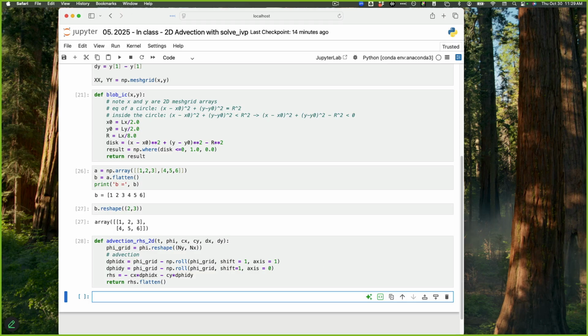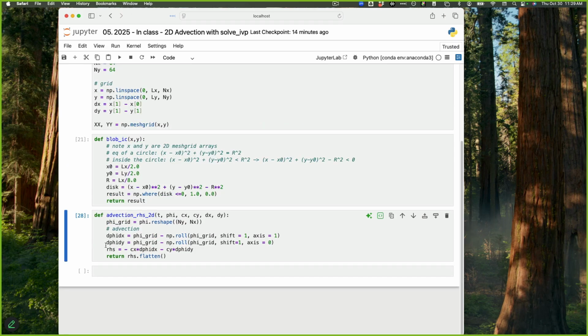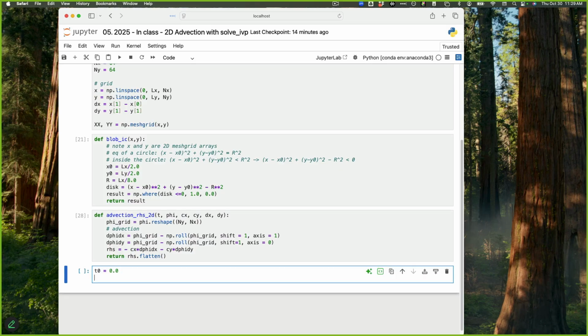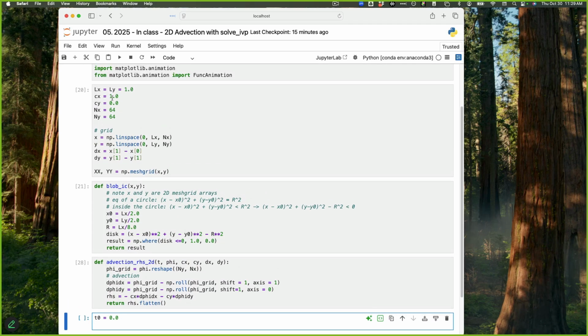All right? We are ready now to solve this. I'm going to delete these to clean up a little bit. So now t0 is 0. And since my speed was 1 meter per second, and my domain is 1 meter, my blob is sitting in the middle. If I want to have one residence time, essentially have the blob move by one domain length, my t final is 1 second, right?